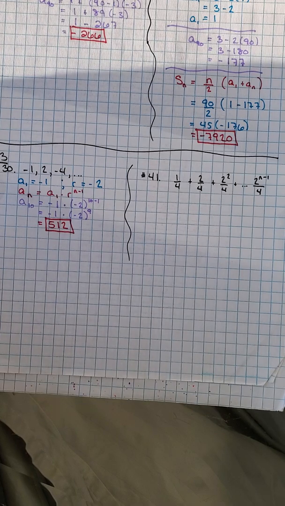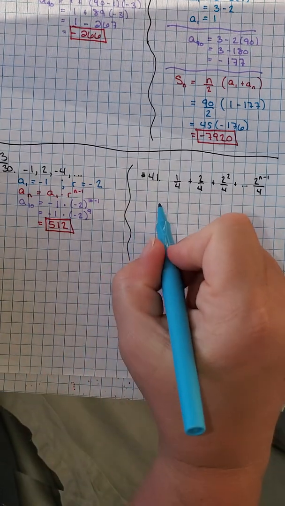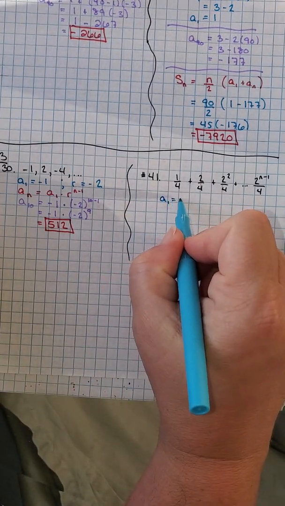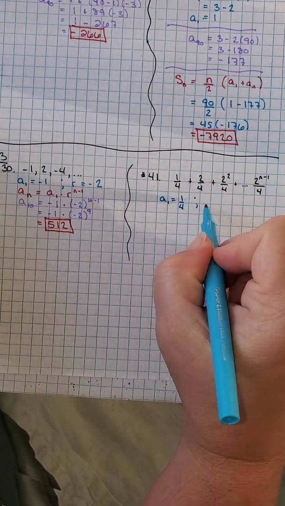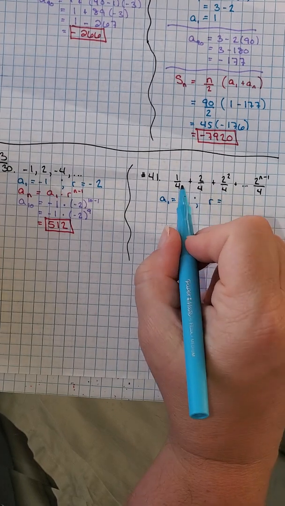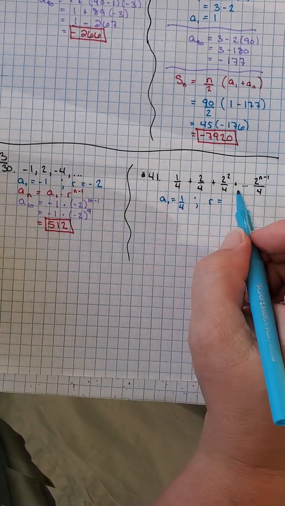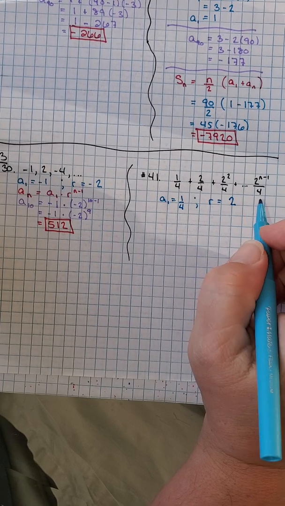Okay, so our first term, a sub 1, is 1/4. And then we need to know our r. Going from one to the next, you're just multiplying by 2. So r will just be 2.